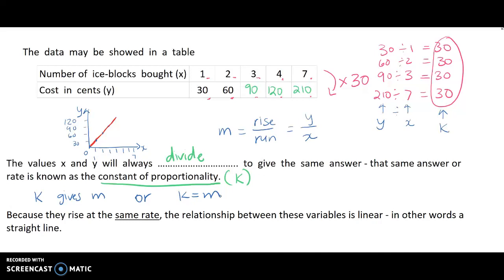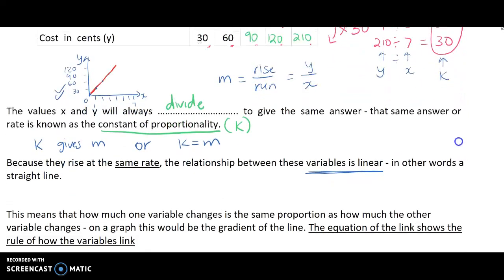So the rate at which the price of the ice blocks is changing is 30 cents, which means for every ice block that you get, it increases by 30 cents. Okay? And because they're the same rate, the relationship between the two variables becomes linear, and that's why we get this straight line over here. Make sense? Okay, let's move on very quickly.